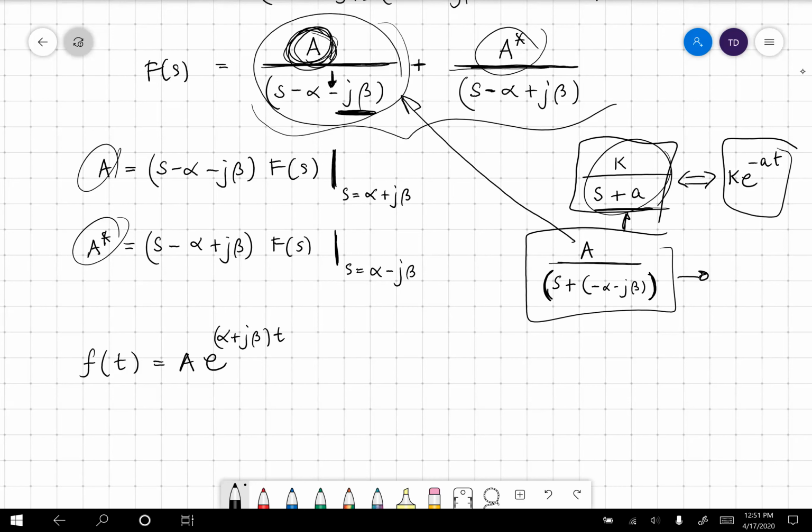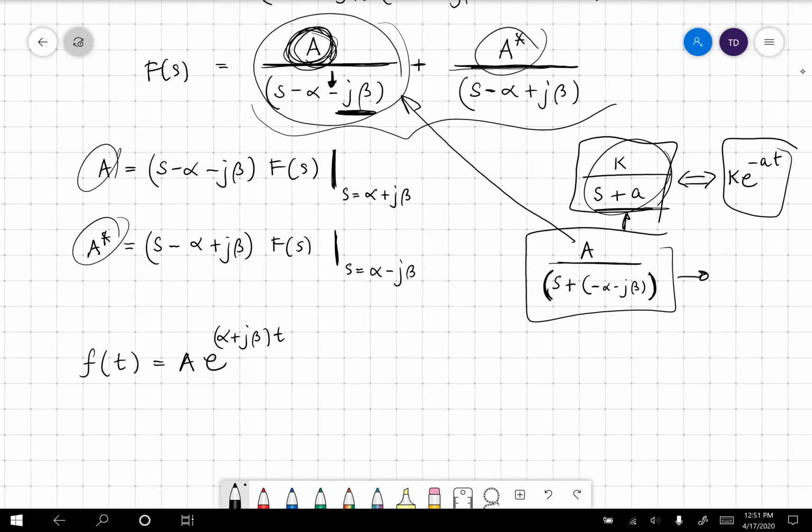Great. So now let's go back and rewrite this. So f of t is equal to twice the real part. Now I'm substituting for A, magnitude of A, e to the j theta A times e to the alpha plus j beta t. What interesting things can we do with this function that we now have?